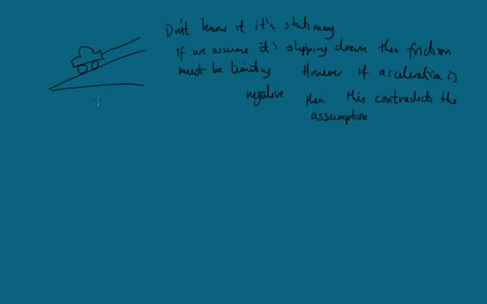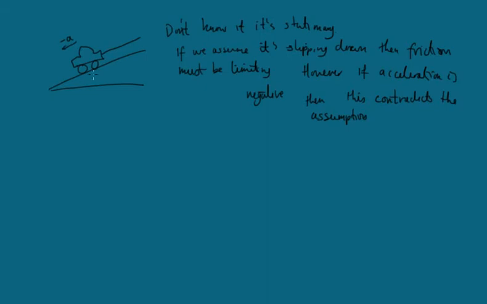So say we had all our figures and we were assuming that the car is slipping down here, so we're assuming acceleration is in this direction. But say we get a negative acceleration, well that is contradictory, because if it's sliding down the slope it'd be speeding up and acceleration would be positive. Therefore we've got it the wrong way, and the motion must be up the slope.